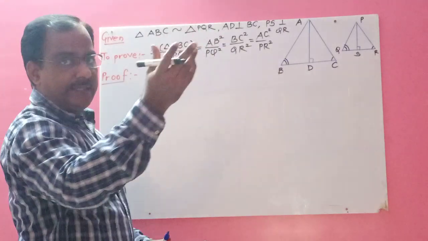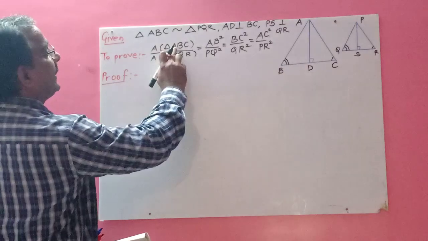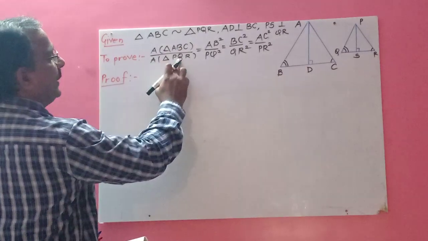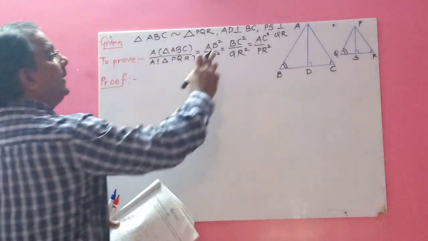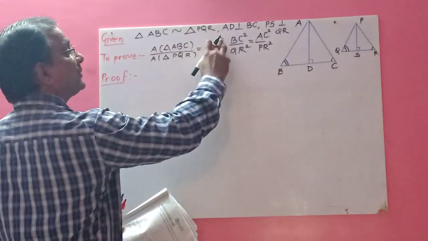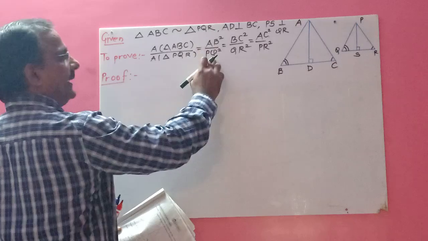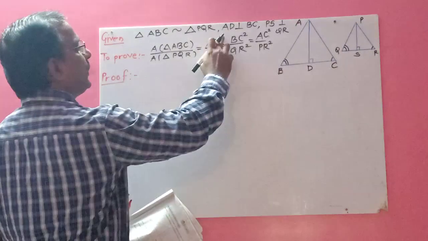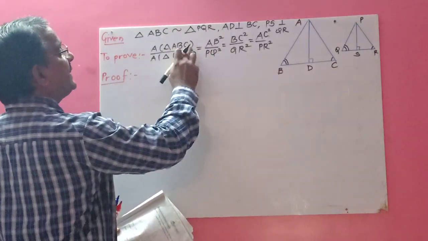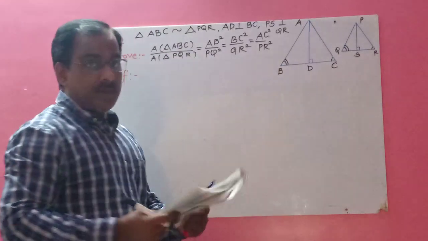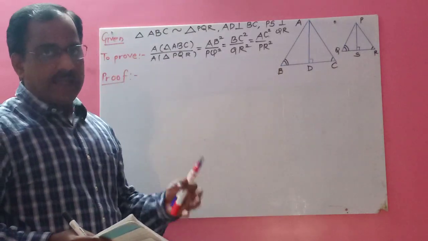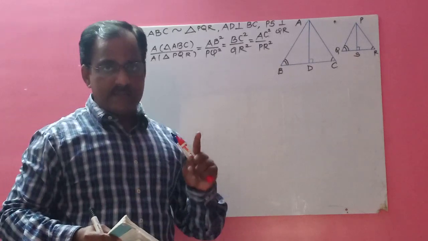I told you how to write the corresponding sides. If you are taking AB, then take PQ. AB corresponds to PQ. So as per the statement, the ratio of squares of corresponding sides is AB square upon PQ square, BC square upon QR square, and AC square upon PR square. This is the third point I will say when two triangles are similar.